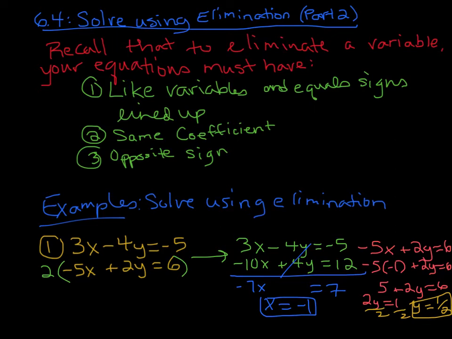Make sure that if you were to plug in x equals negative 1 and y equals 1/2 into the first equation, the one that you didn't use on that past step, you actually get a true statement. That way you can tell that you were definitely doing it right. And you'll find that you do get a true statement. So our answer is absolutely going to be negative 1, 1/2.